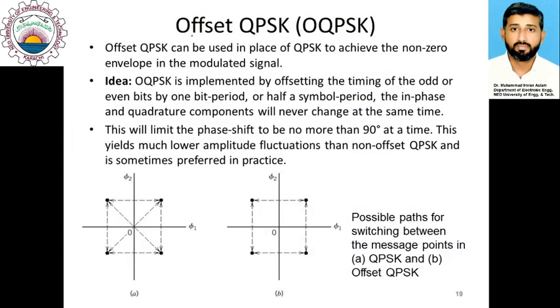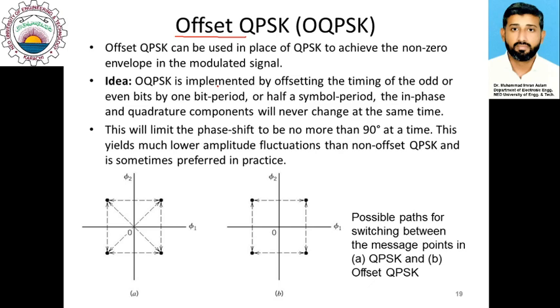A variant of QPSK is named offset QPSK. The main difference between QPSK and offset QPSK is that in offset QPSK there is an offset between even and odd bits.